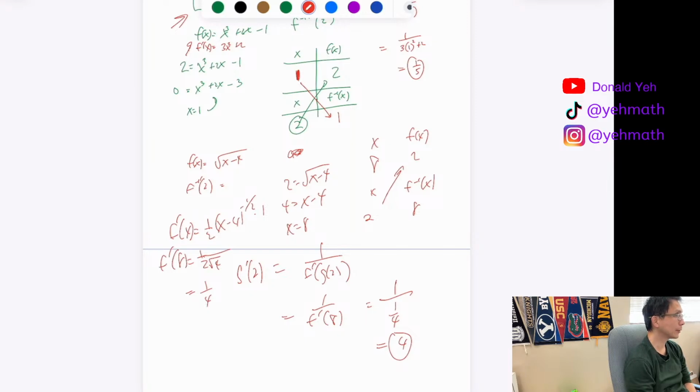Yeah, the table. You sub backwards. You plug in the 2 into the original function. So I plug in 2 is equal to here. I sub backwards. Oh, that's inverse.